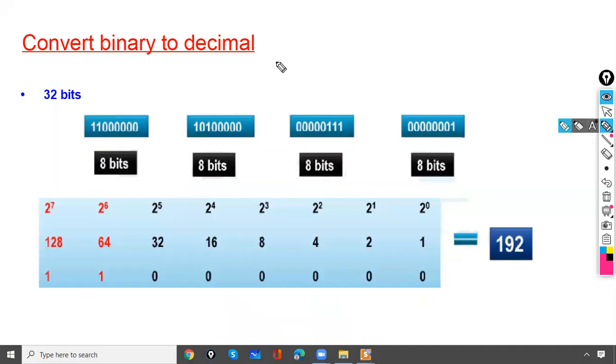So as we have discussed, IP version 4 is a 32-bit IP addressing, which means each IP address will have 32 bits.